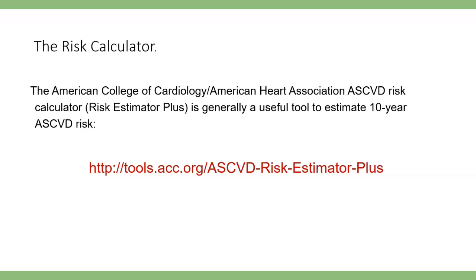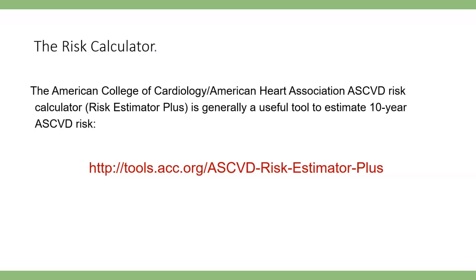There is a risk calculator that is out, and it's the Atherosclerotic Cardiovascular Disease Risk Estimator Plus. The plus just came out not too long ago, so don't use the old one. If you know about that one, use the plus. There's an app that you can put on your phone, or you can just go ahead and Google it, and it'll come up, and you can put all your patients' information in.